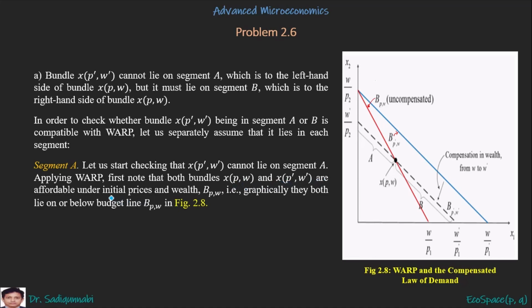Initial price and wealth means the uncompensated budget line.